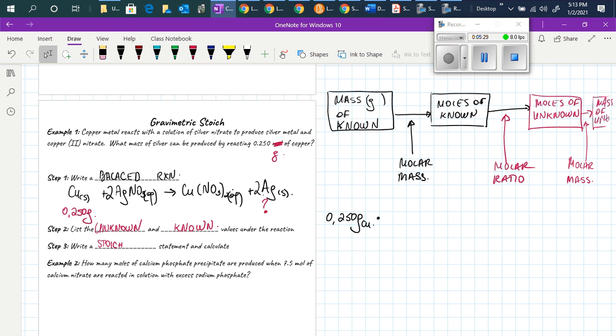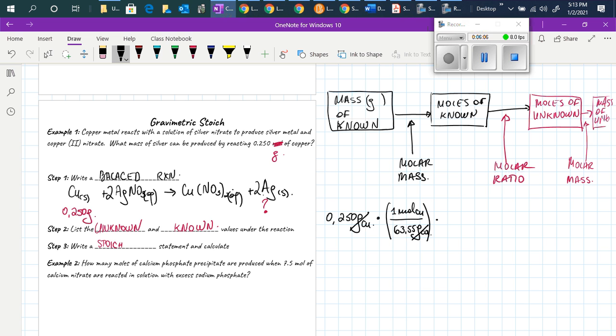If we have 63.55 grams of copper, then we have 1 mole of copper. So the ratio we use is 1 mole of copper over 63.55 grams of copper, and grams of copper cancels out.